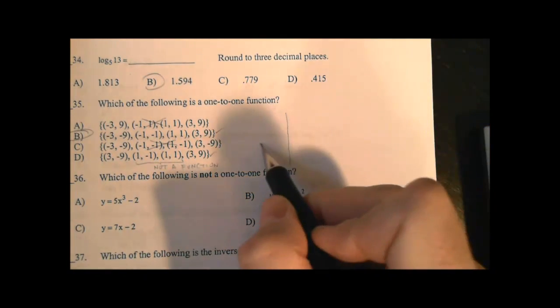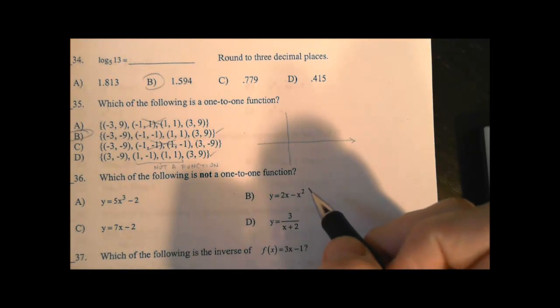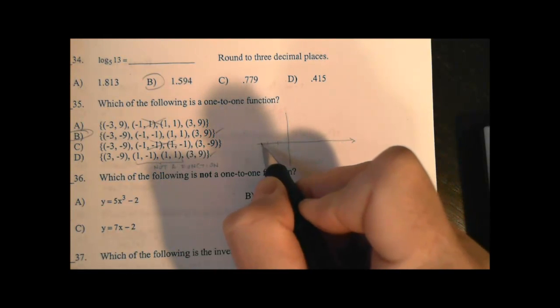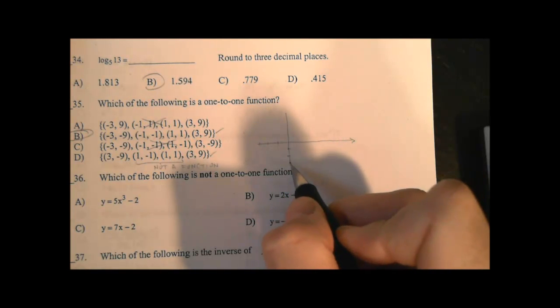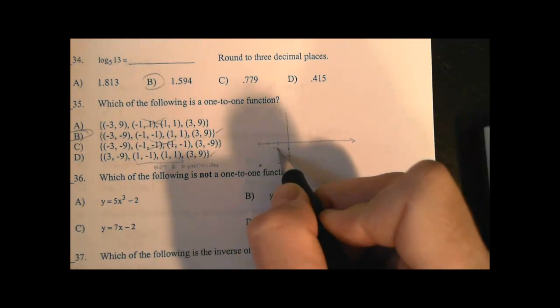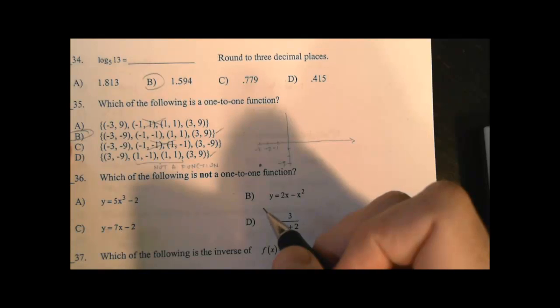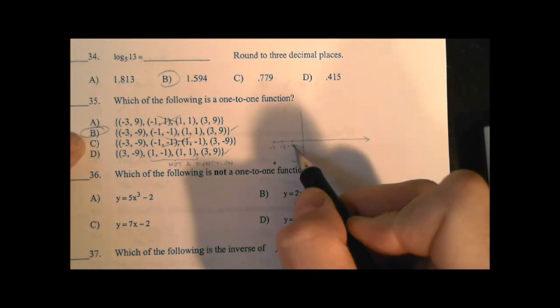And if you were to graph this, which is kind of silly, but graphing each of these, you would look for something that passed both the horizontal and the vertical line test. So if we were looking at -3, -9, I'll make that my scale, there's 1 point. I'm going to graph B. (-1, -1) would be about right there.